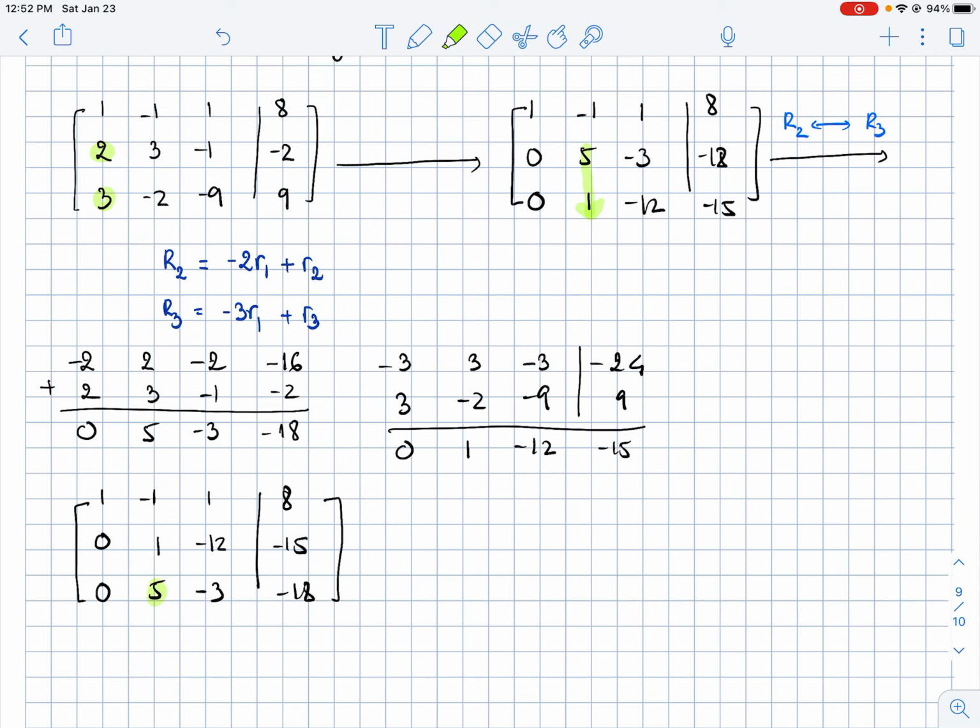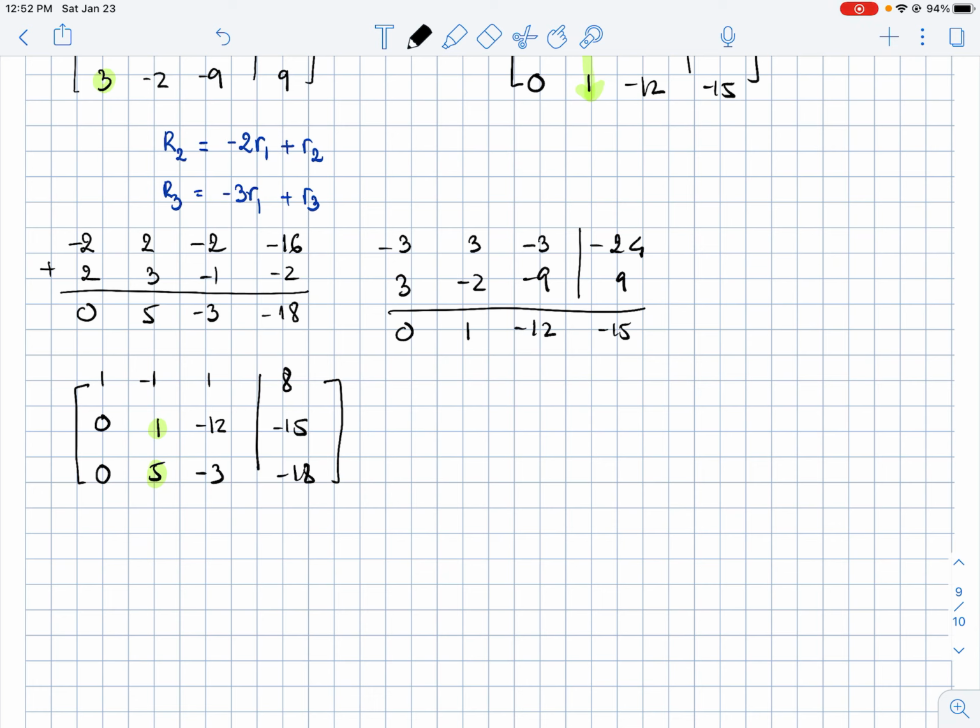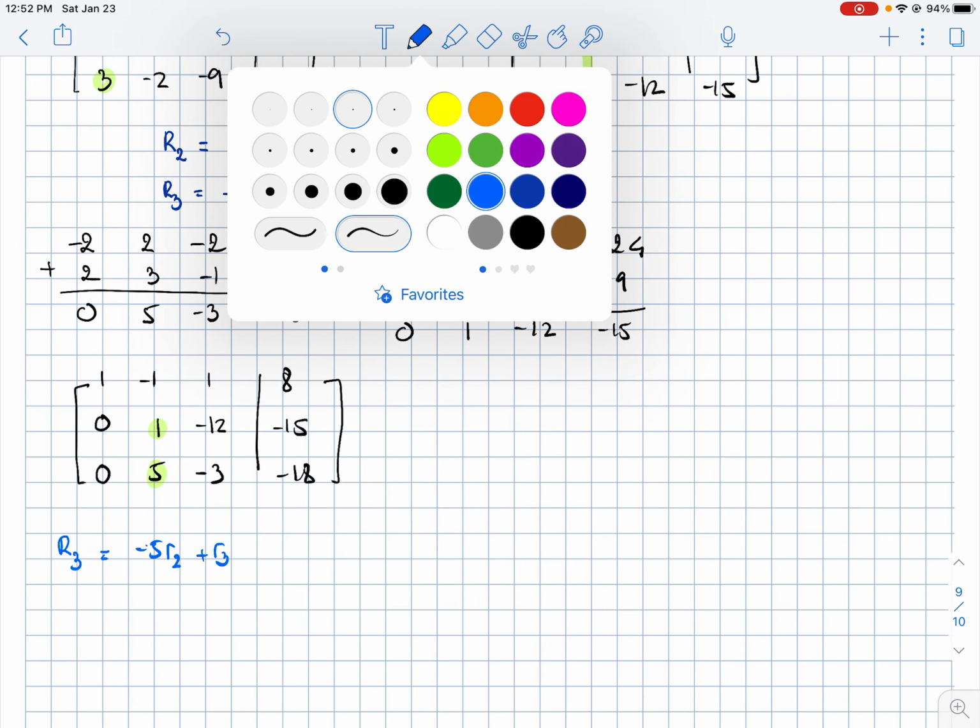And then this location, we want it to be 0. We will use the leading 1 right here. You think about it like this: this means 1y and 5y. So to make y go away, we need to multiply the second row by -5 and add them up. So row 3 equals -5 times row 2 plus row 3.